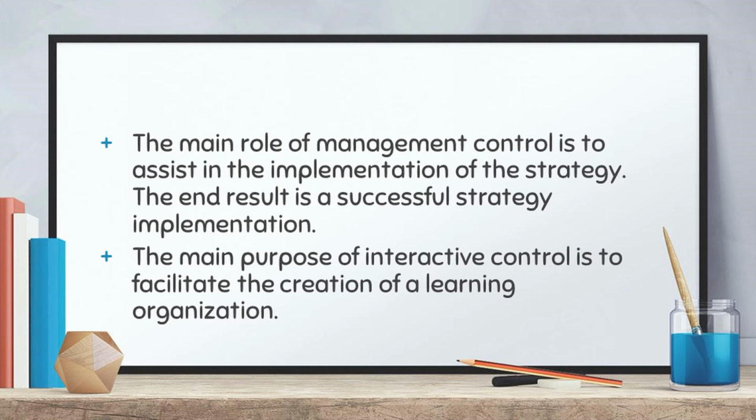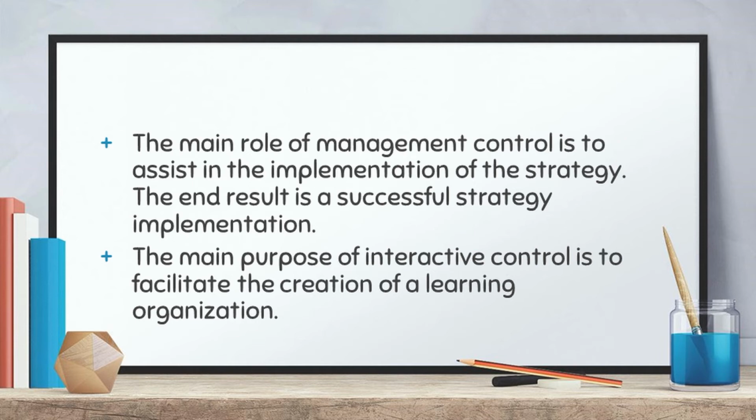Learning organization refers to the ability of employees of an organization to learn to adapt to environmental changes in a sustainable manner. The main purpose of interactive control is to facilitate the creation of a learning organization.